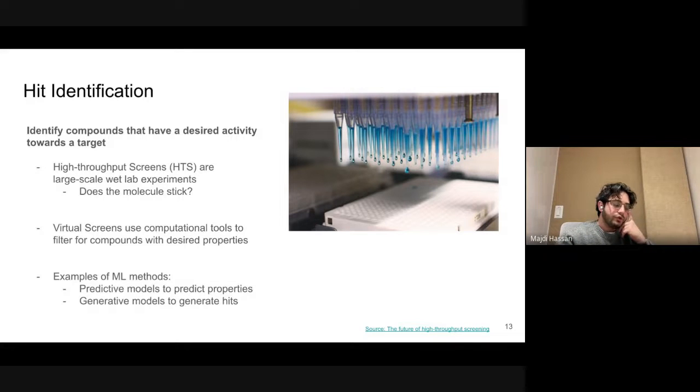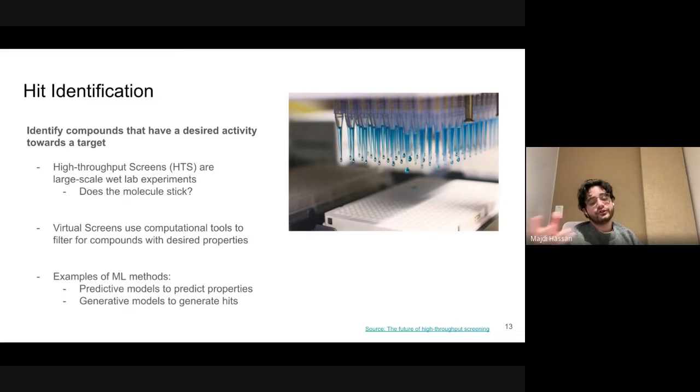And normally, I think there are mainly two methods. You can either do high throughput screens, which are large automated wet lab experiments where they throw a bunch of compounds at a target in a solution and see which ones stick.